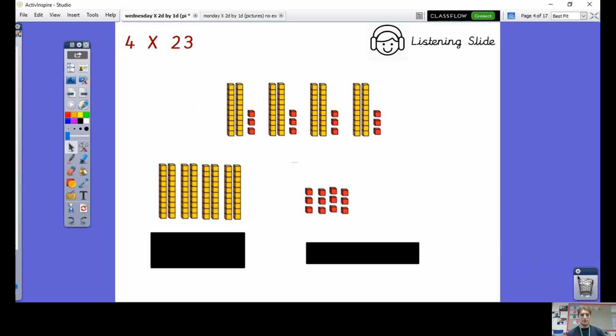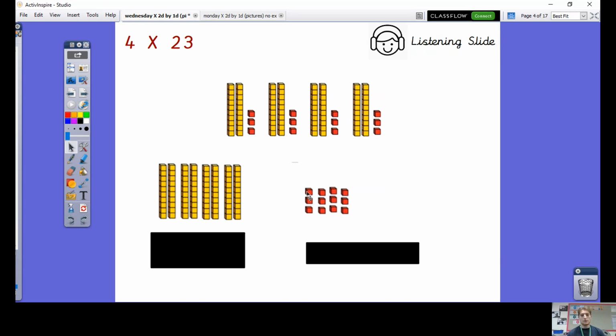Can you see that I have got all the tens? I have 1, 2, 3, 4, 5, 6, 7, 8 tens in these 4 groups, and I've arranged them into one group, but I've still got 8 tens there. And can you see I've arranged the ones into another group?